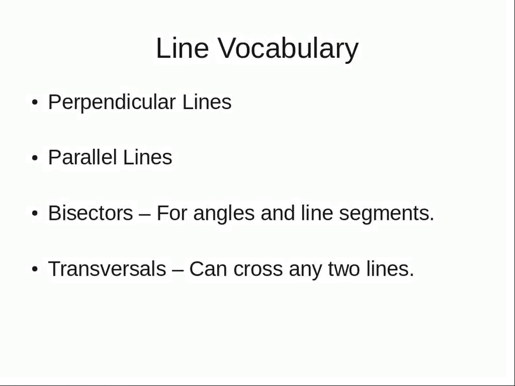There are angle bisectors that chop angles in half and create two smaller angles, each with a measure half the size of the original measure, and line segment bisectors that divide line segments into two smaller congruent line segments. Transversals, that refers to lines that cross any two lines.